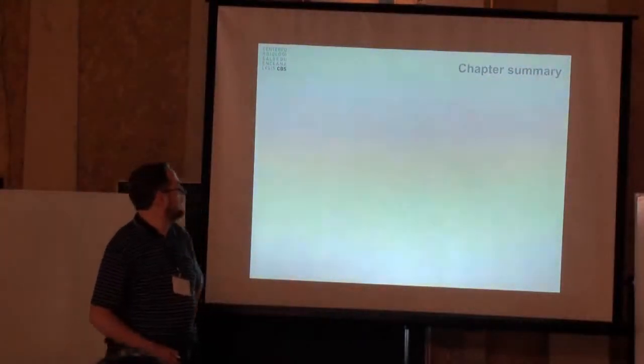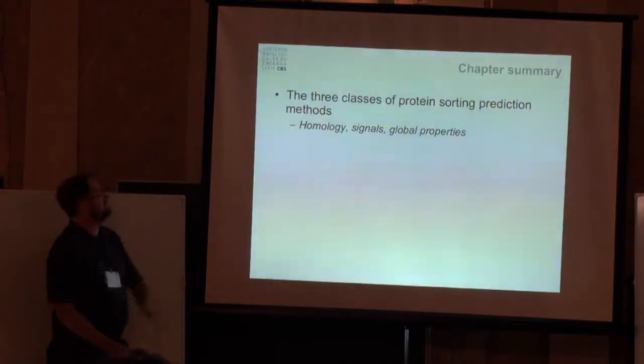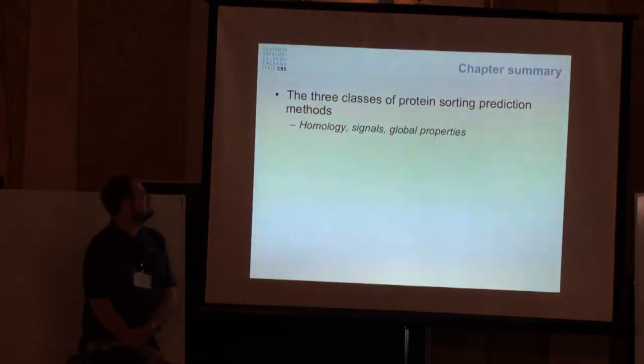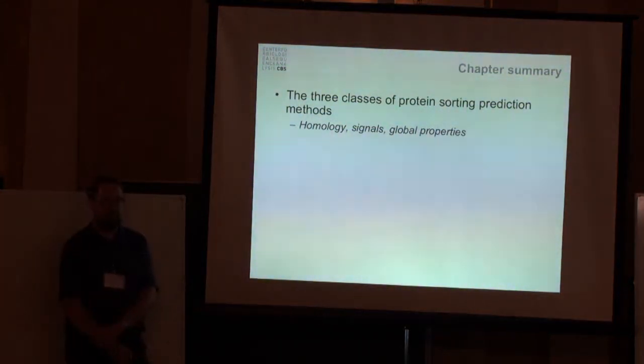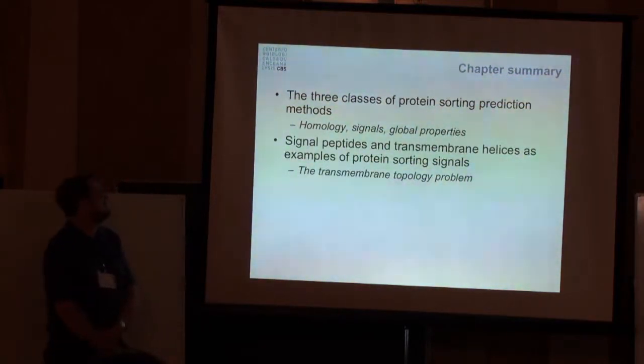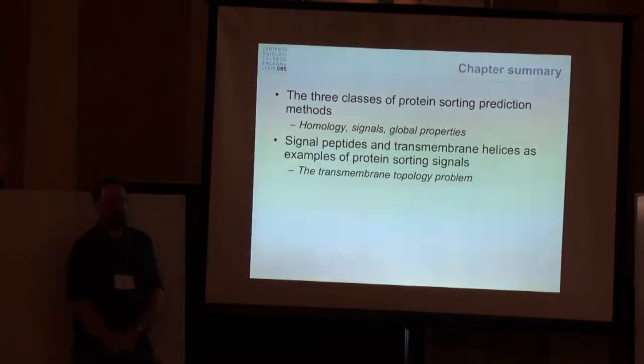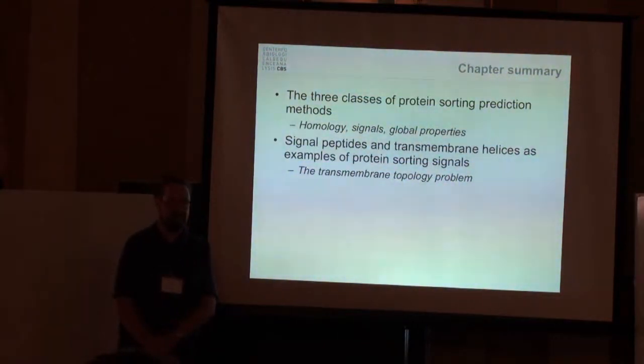Now for the summary. The three classes of protein sorting prediction methods: homology, signals, and global properties. Signal peptides and transmembrane helices will then be used as examples of protein sorting signals.